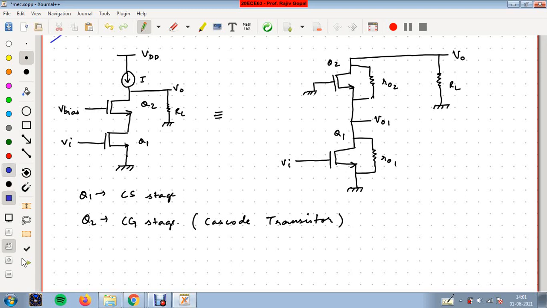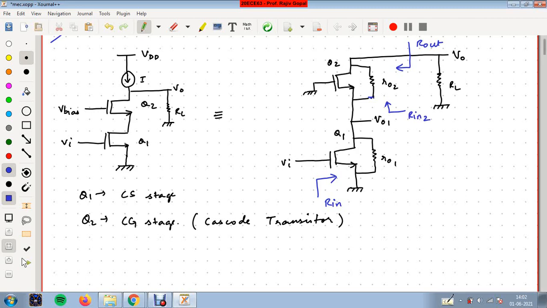So for that, if you look in this direction, this I will call Rin, the input impedance. If I look in this direction, I will call it Rout. And if you look at this part, the source of Q2, that is the source of the cascode transistor, whatever impedance I see in this direction, I will call it Rin2.